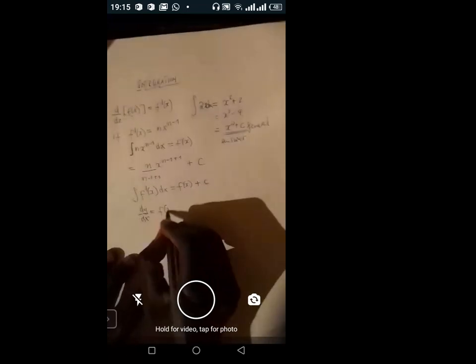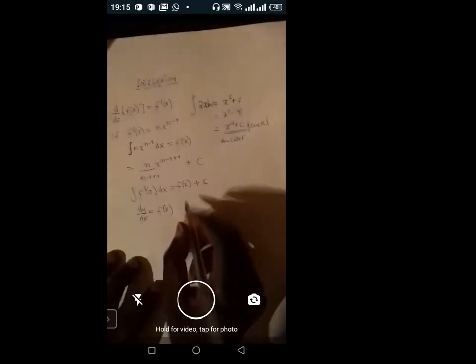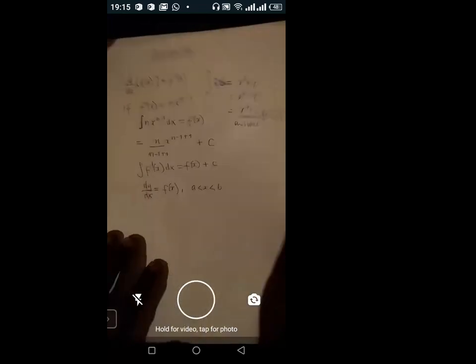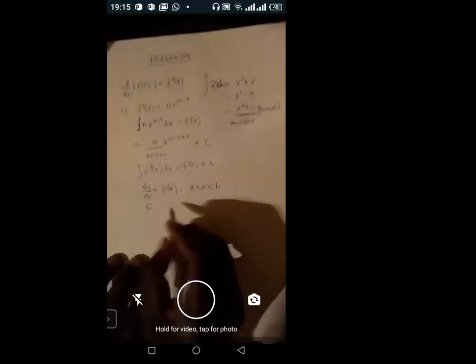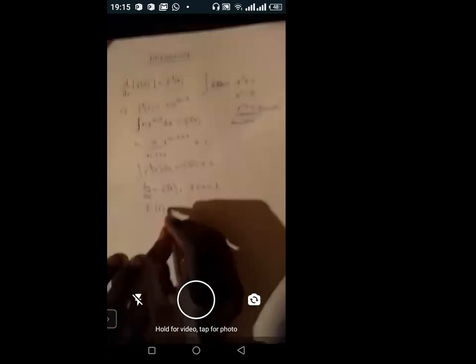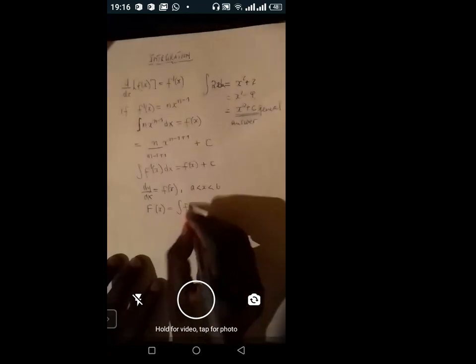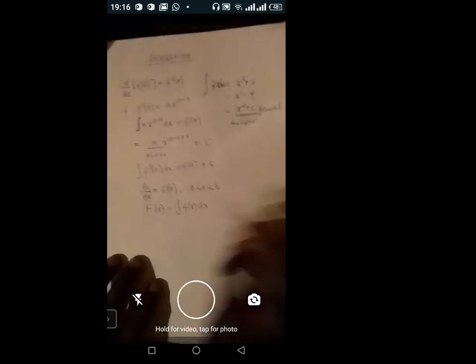And then I want us to talk about this. If we have dy/dx equal to f of x, inside this open interval, it is differentiable in this interval from a to b, a and b not inclusive. Then we can have this function, capital F of x, equal to the integral of f of x dx.